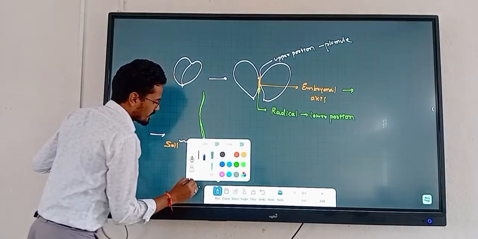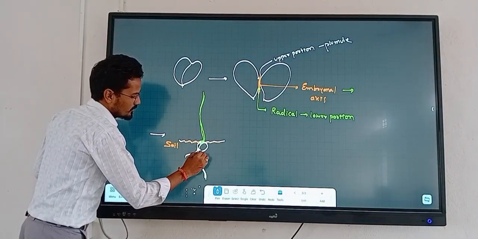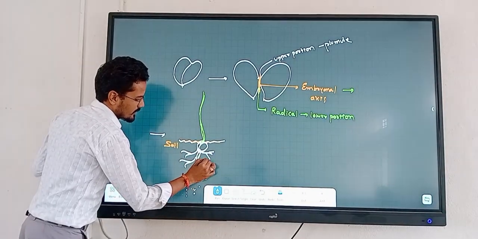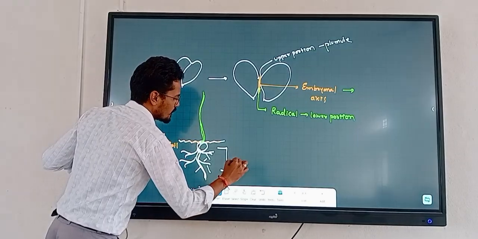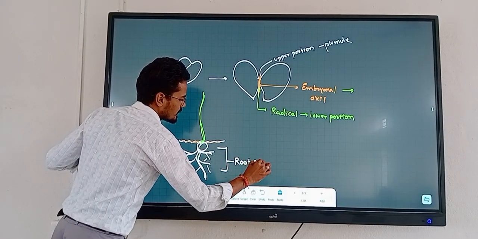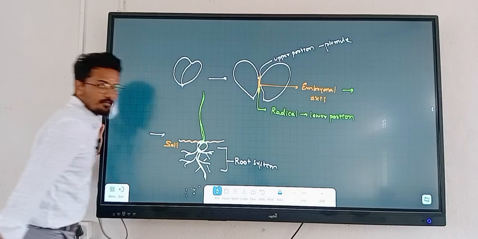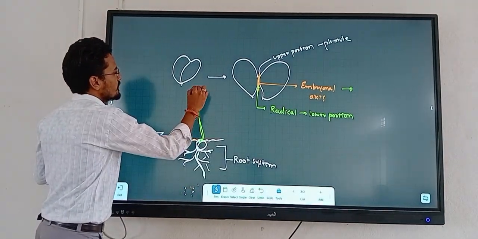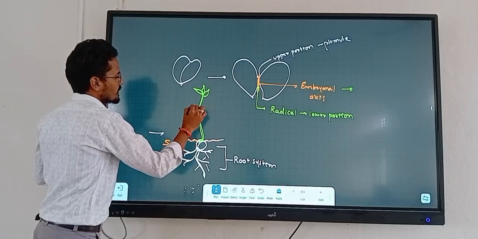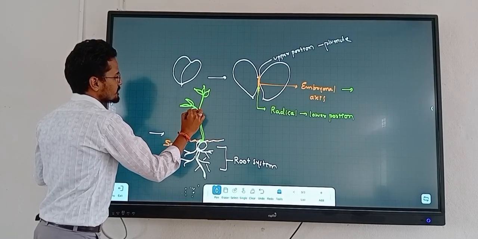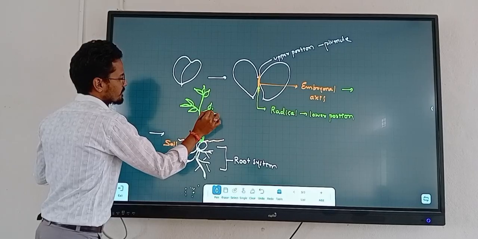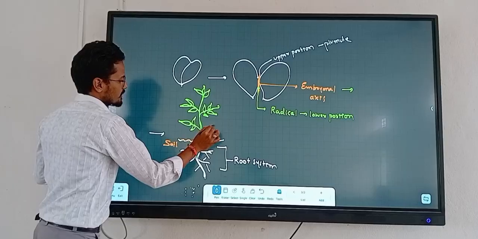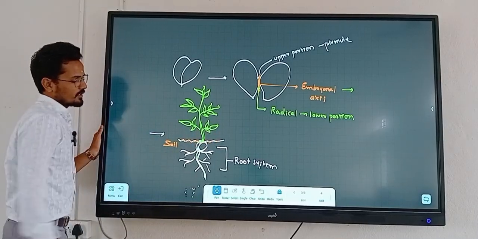This root system further has primary roots, secondary roots and tertiary roots. This whole is considered as the root system. And this is the shoot system, which bears leaves and branches.